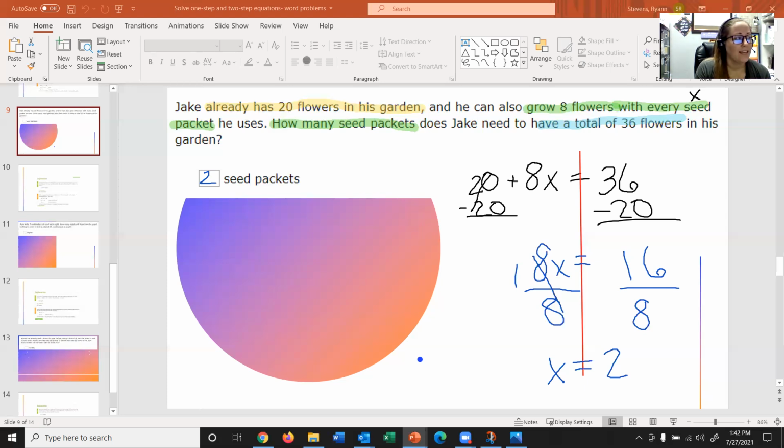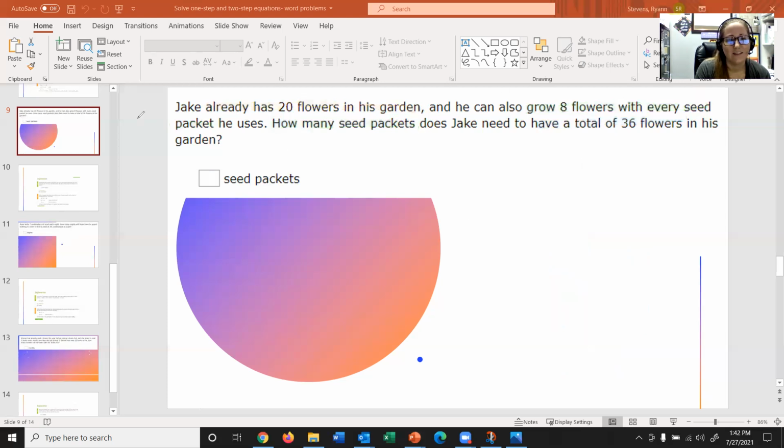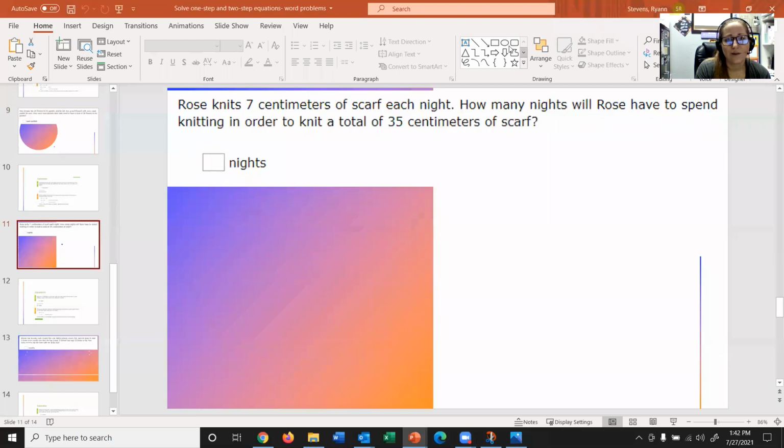Okay, the next question that we're going to look at is going to be right here. And this one says Rose knits 7 centimeters of scarf every night. How many nights will Rose have to spend knitting in order to knit a total of 35 centimeters of scarf?